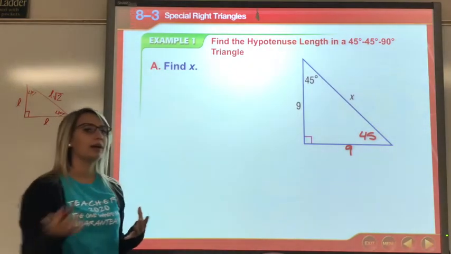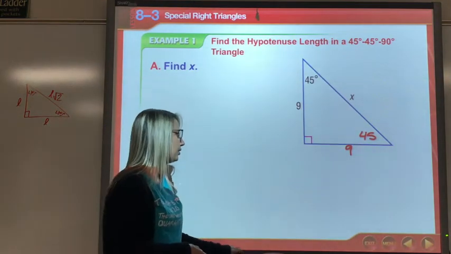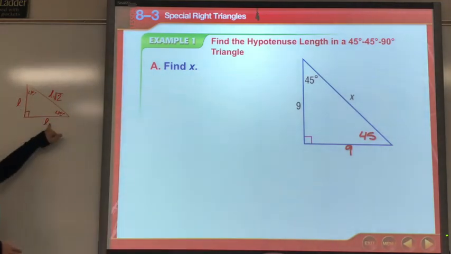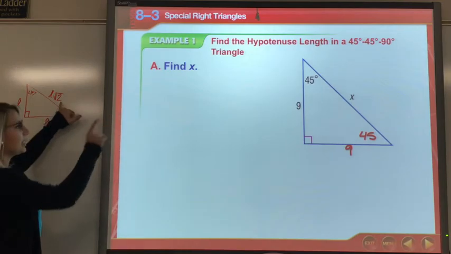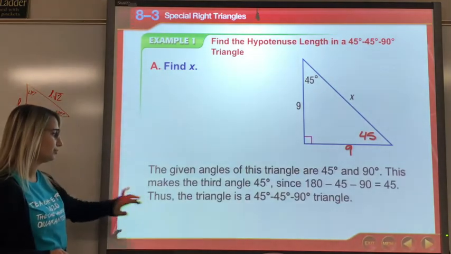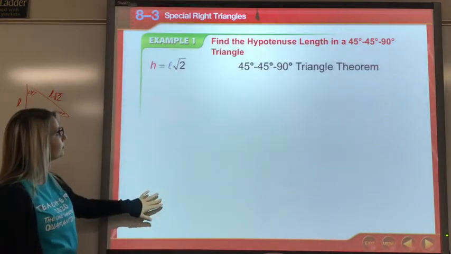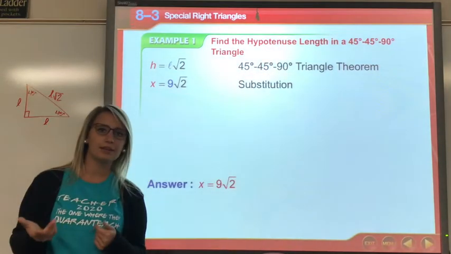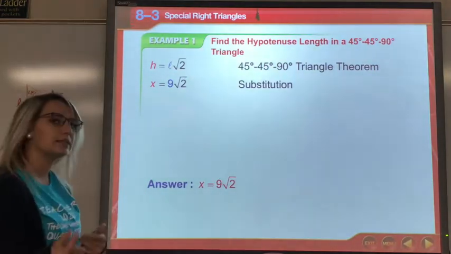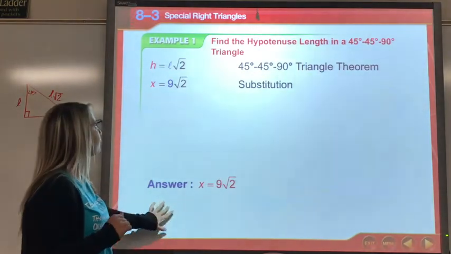Now to find what x is, well, if L is 9, then x will be 9 root 2. So we just substitute in that side length for L and tack on that root 2.